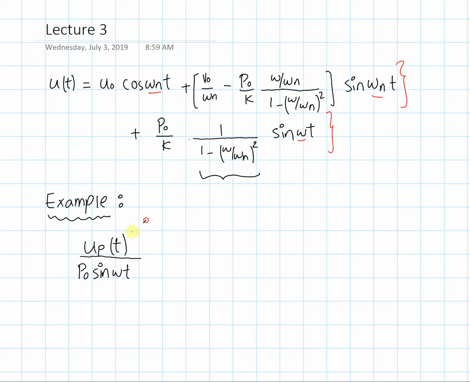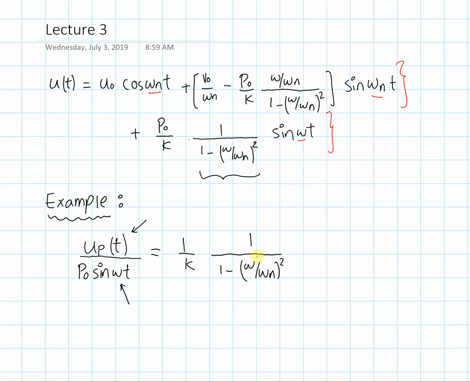So I have my output, and I have it divided by my input. And what this is going to give me is my amplification term. So I have 1 over K, 1 minus omega over omega n squared.